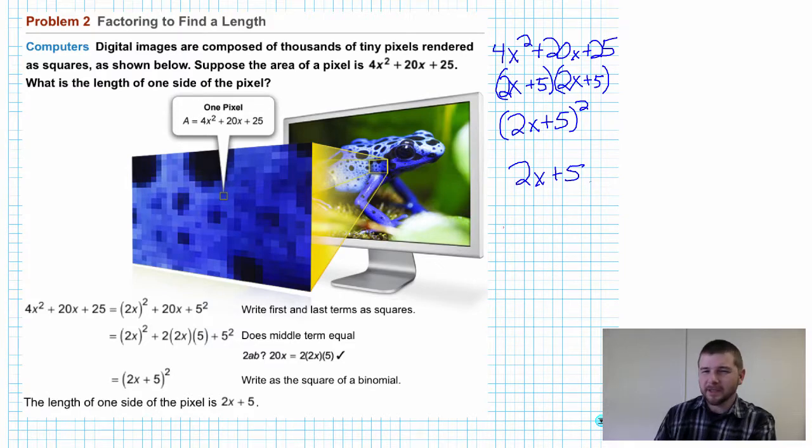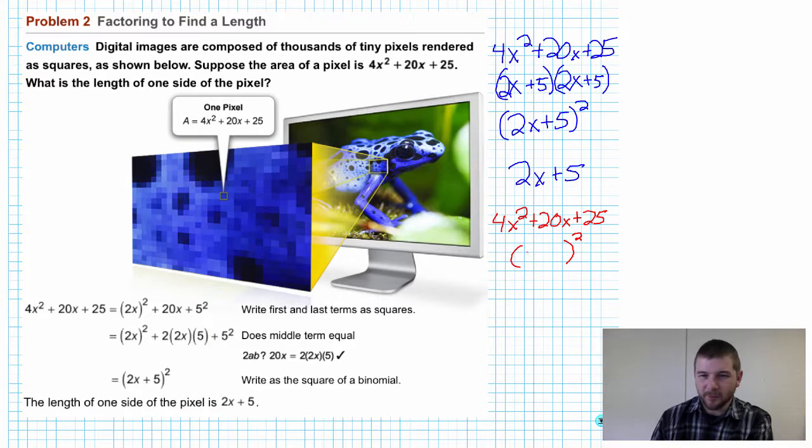Now let's reconsider that same trinomial and try factoring it, had we recognized that it is a perfect square trinomial. So 4x squared plus 20x plus 25. If noticing a perfect square trinomial, right away we would recognize that our factored form will look something like this.